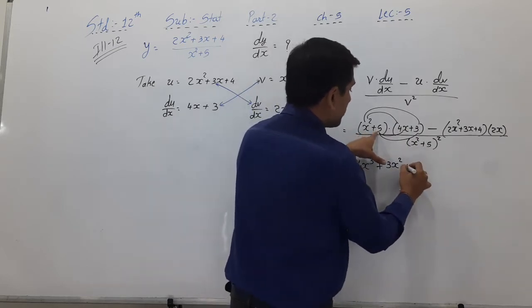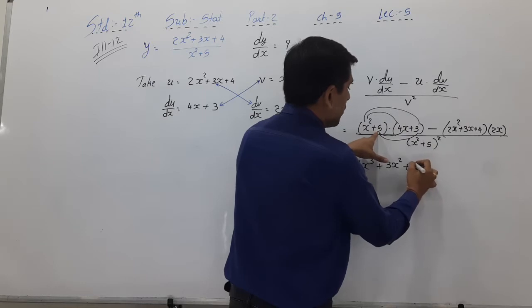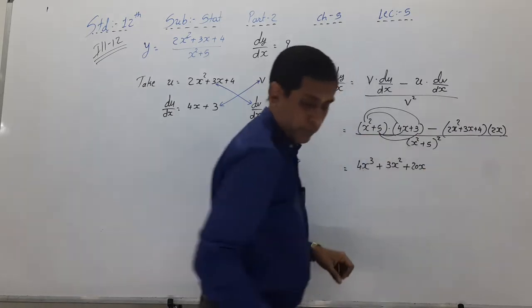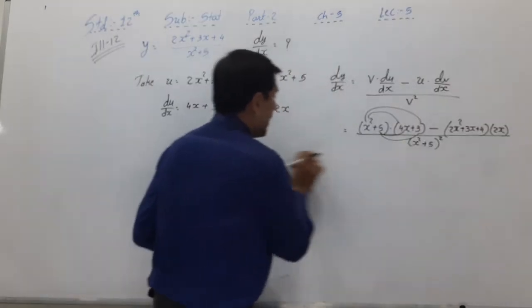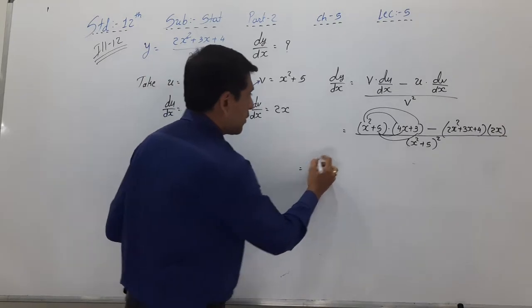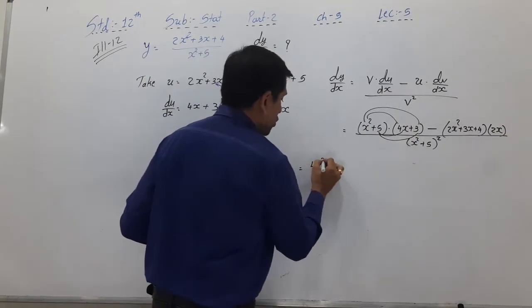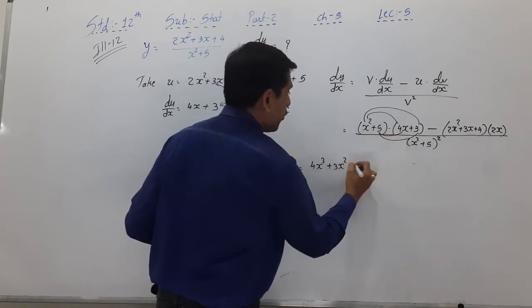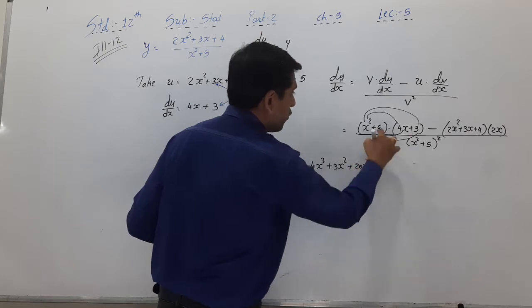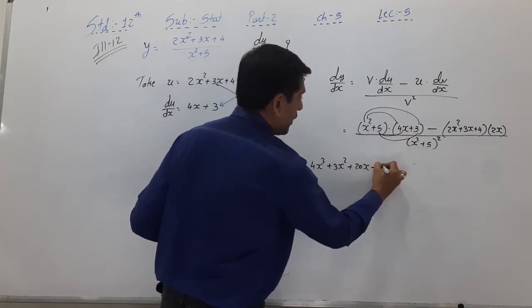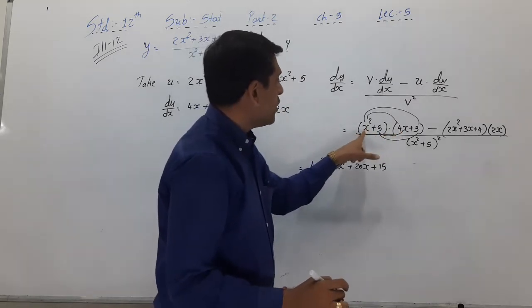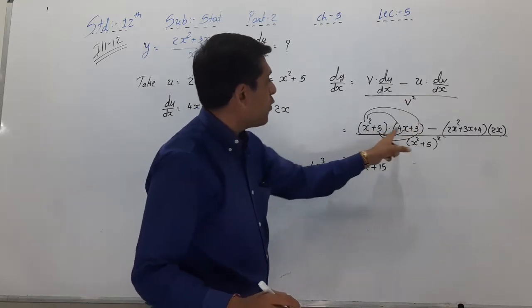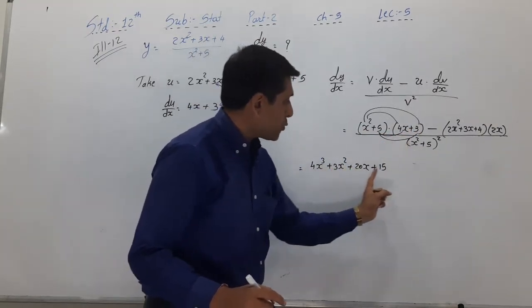Then plus 5 into 4x is 20x. Then 5 into 3 is 15. These into these, then these into these: four multiplications, and the sign is plus.